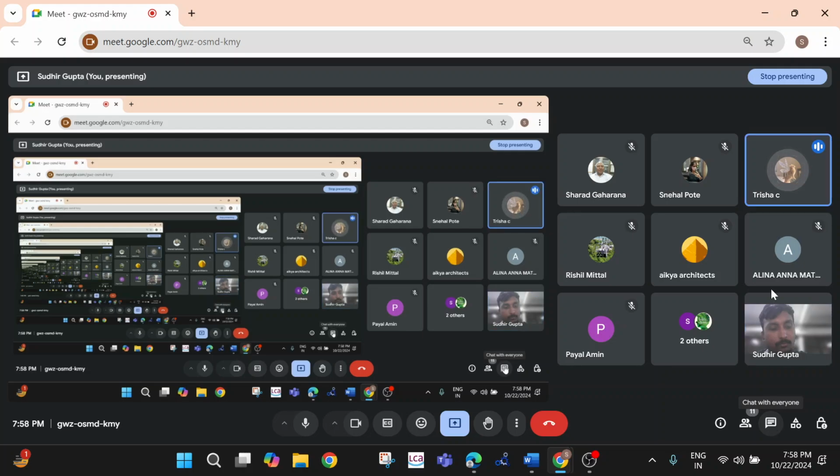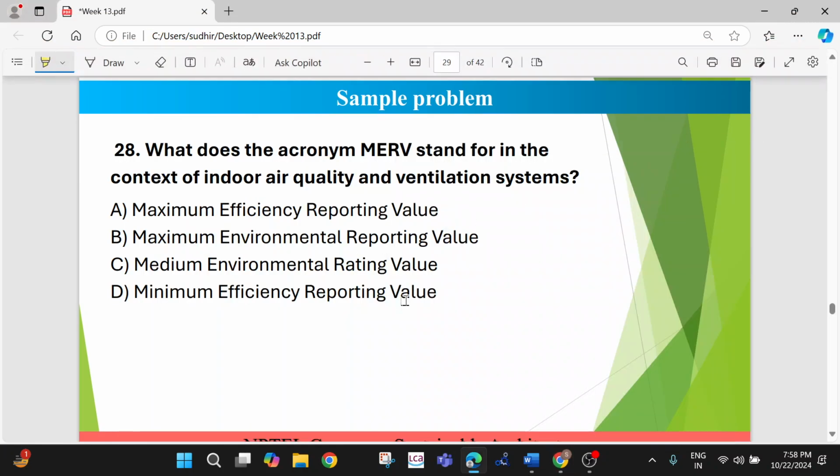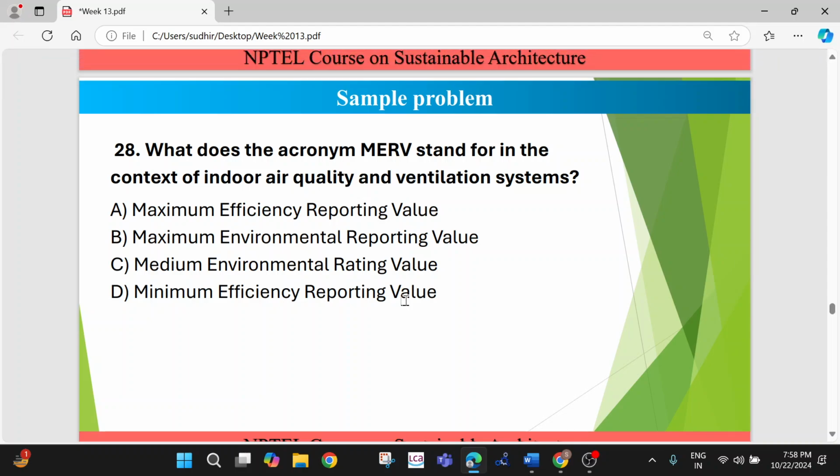So can you show the question again? Yeah. So out of the four options, what will be the full form of MERV in the context of indoor air quality and ventilation systems? All four options look similar, but they aren't.